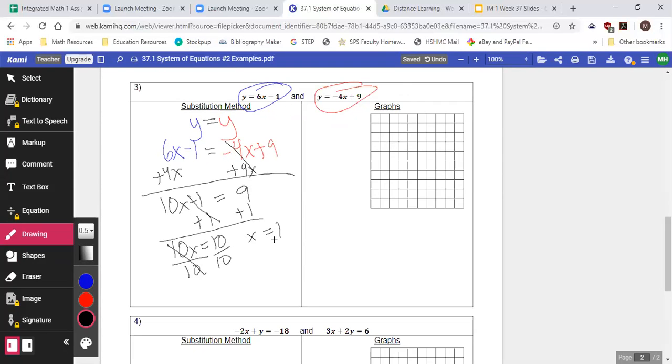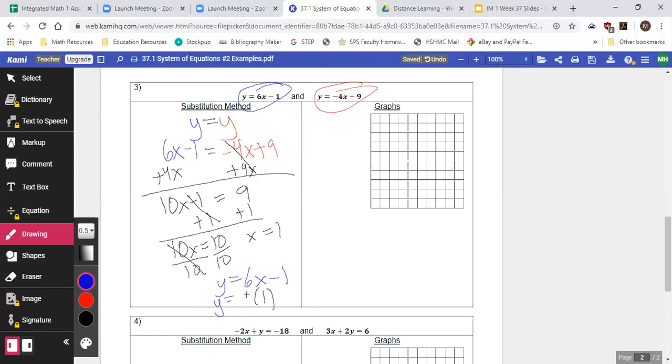Now that we solved for x, we need to solve for y. So we'll take this answer, x equals 1, and plug it into either of the equations. You can choose either one. I'll just choose the first one. So y equals 6x minus 1. And we know that x is equal to 1 from above.